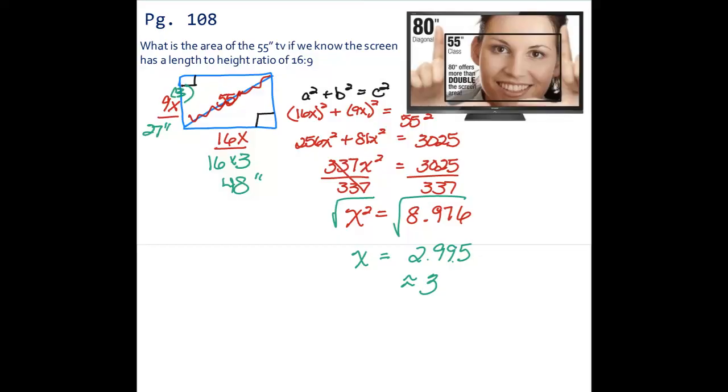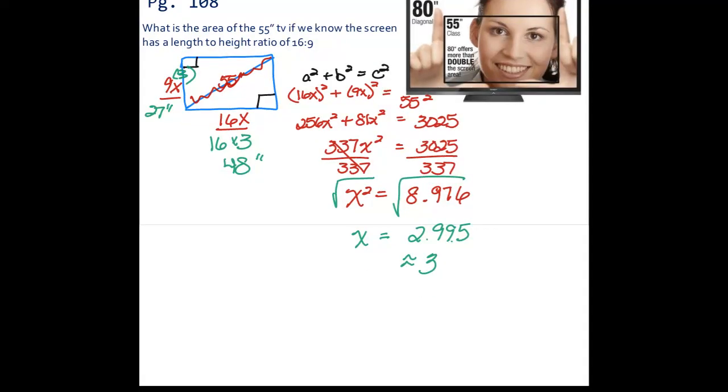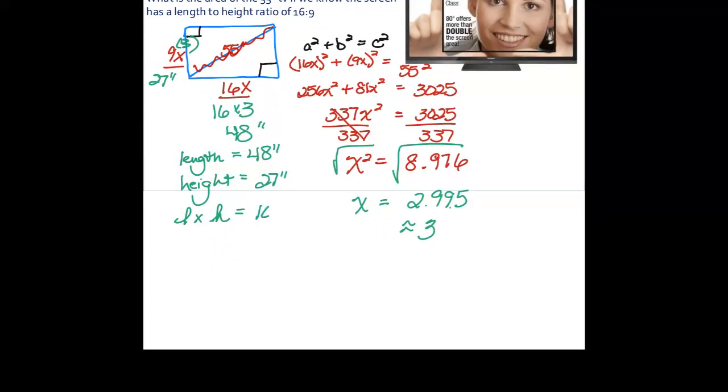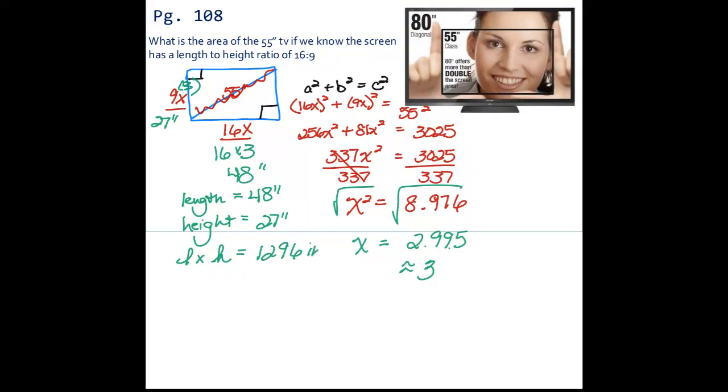We need to find the area of this TV. So the length is 48 inches times my height, which is 27 inches. Multiply those together, length times the height, and what do we get? 1,296, and this is inches squared.